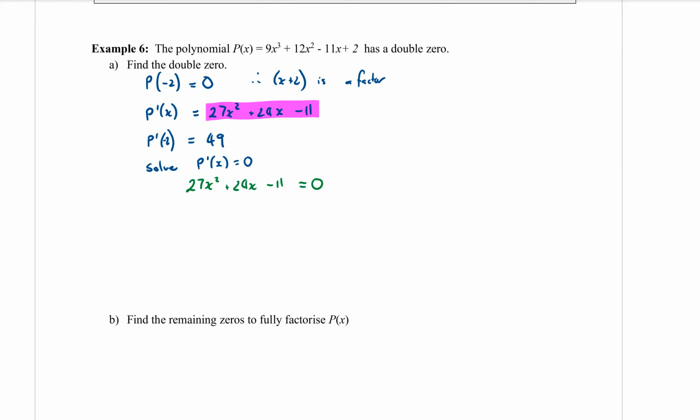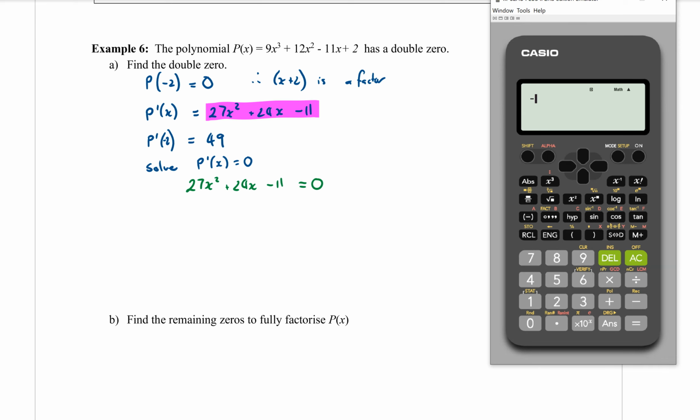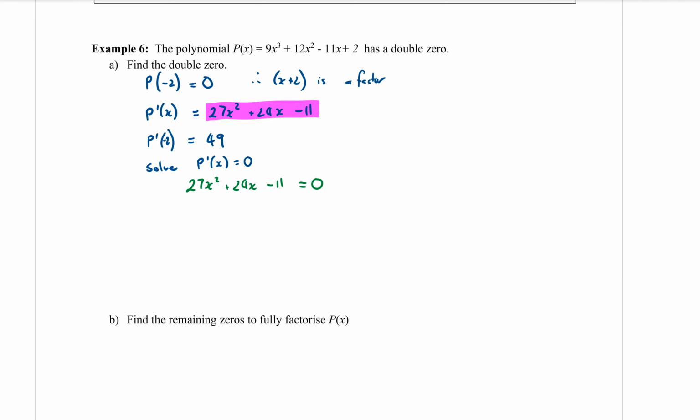We want to times minus 11 with 27. So we have minus 11 times 27, which is minus 297. And we're looking for two numbers that times to give minus 297 and adds to give the 24. Now they're quite big numbers to work with, but it is a positive 33, so plus 33x, and a minus 9x.